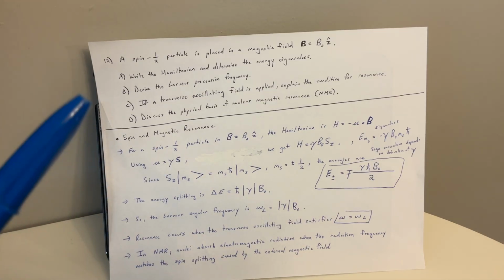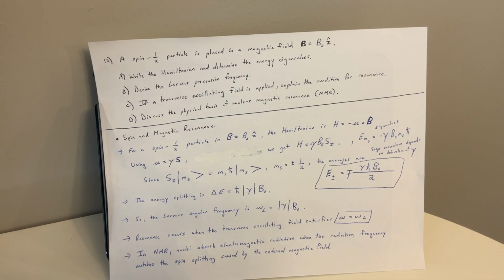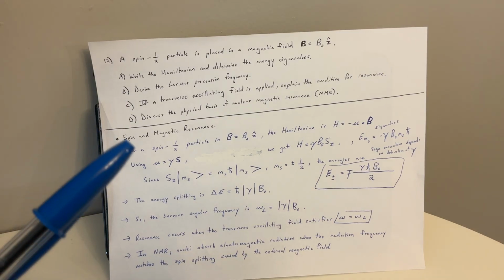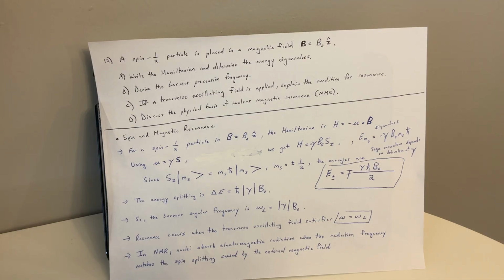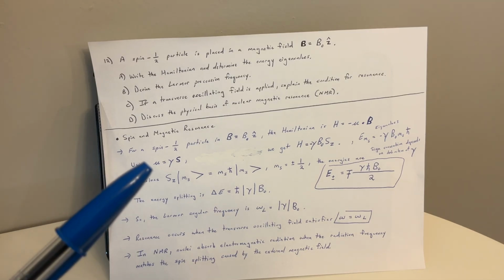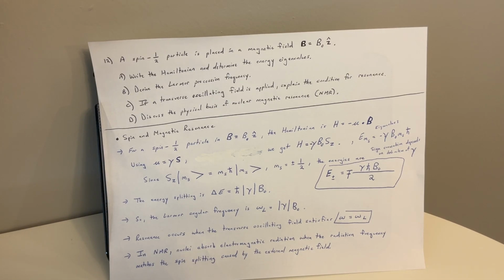Spin in magnetic resonance problem. Going through this in a condensed fashion, for a spin 1/2 particle in B equals B naught z hat, the Hamiltonian is H equals negative mu dotted with B. Using mu equals gamma S, we get H equals negative gamma B naught S sub z.